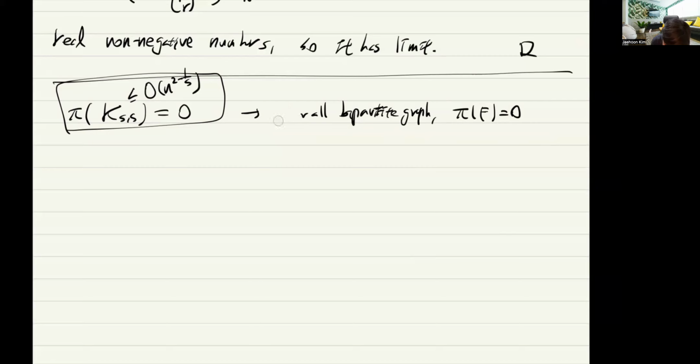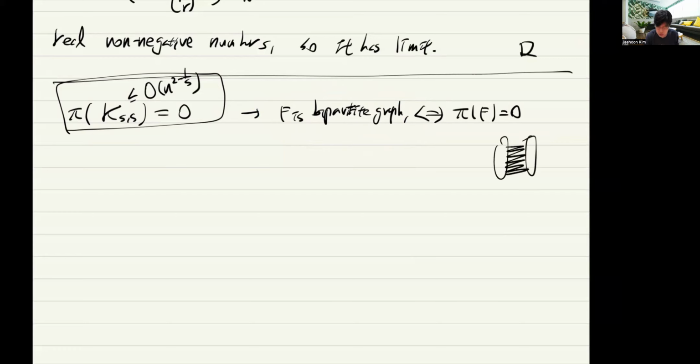And moreover, we can show that the converse also holds. F is a bipartite graph if and only if the Turán density is 0. Because if F is not bipartite, then it's not a subgraph of a complete bipartite graph. So you can consider the balanced complete bipartite graph, which has density one half.